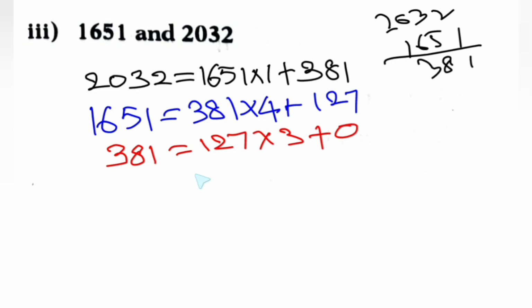Now the remainder is 0. Then the HCF of 1651 and 2032 is 127.